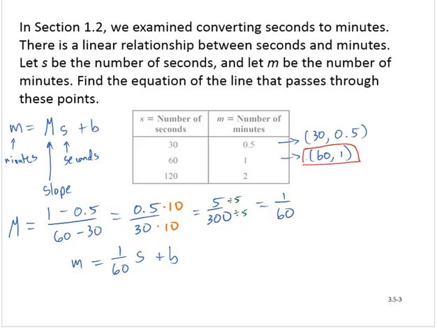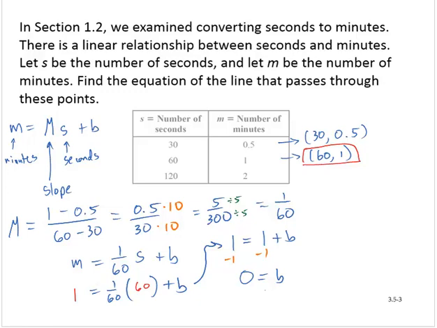I'm going to substitute that for S and M respectively and solve for B. So then 1 would equal 1/60th of 60 plus B. Simplifying, 1 equals 1 plus B, and subtracting 1 from both sides, we find that B is equal to 0.